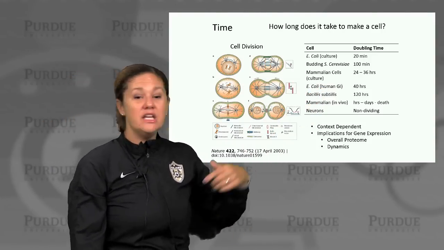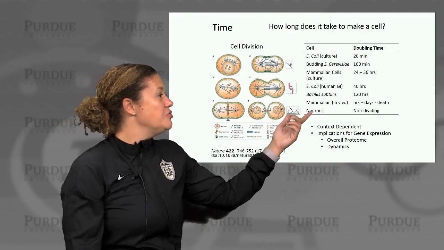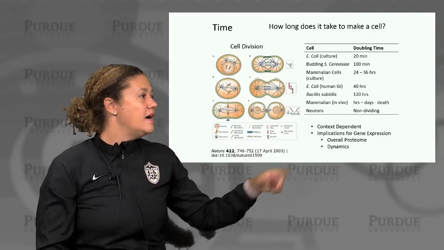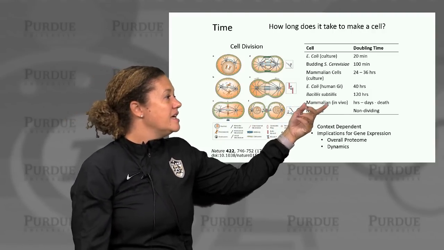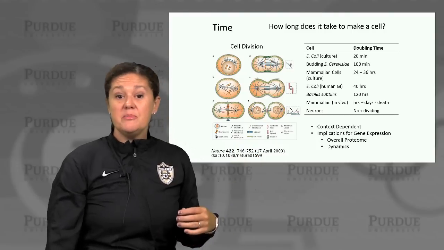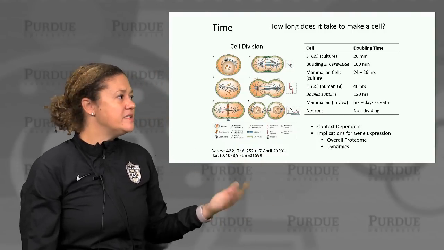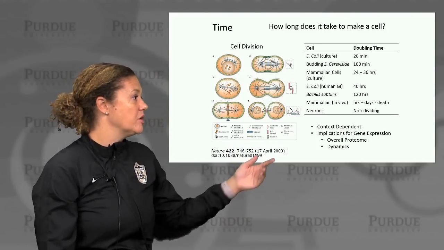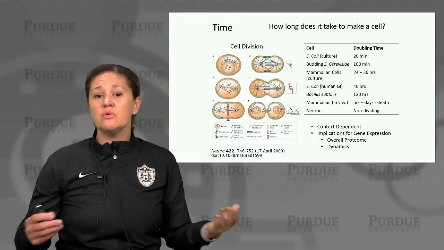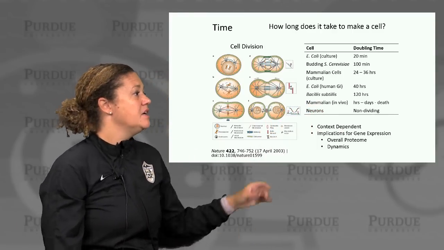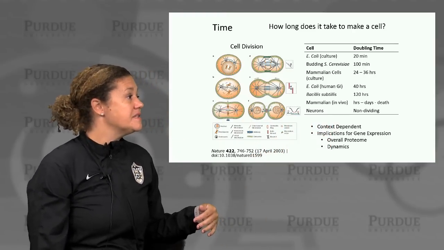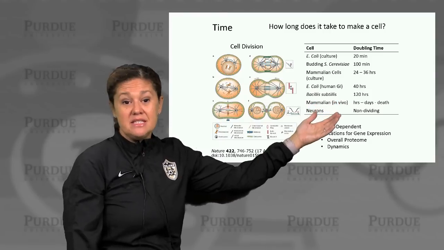E. coli in you, in the human GI tract, for example, has a much longer doubling time, about 40 hours. Very different. So context is very important. And mammalian cells in vivo can have quite a range of doubling times, from hours to days and weeks, and even cells to the time to death, right?